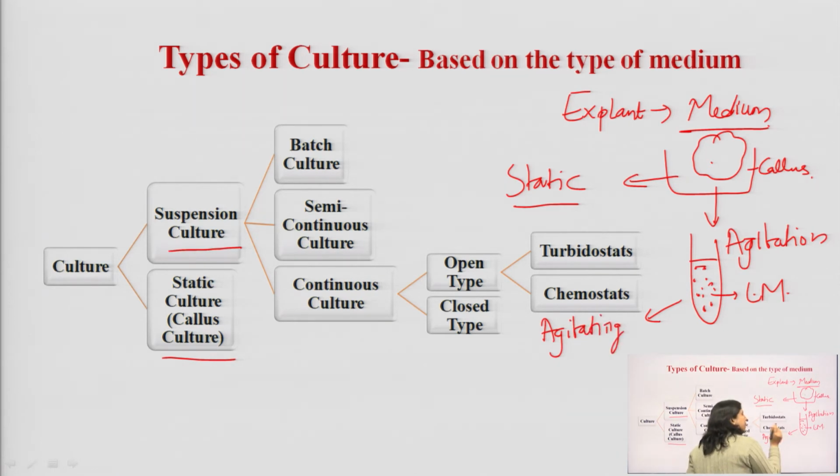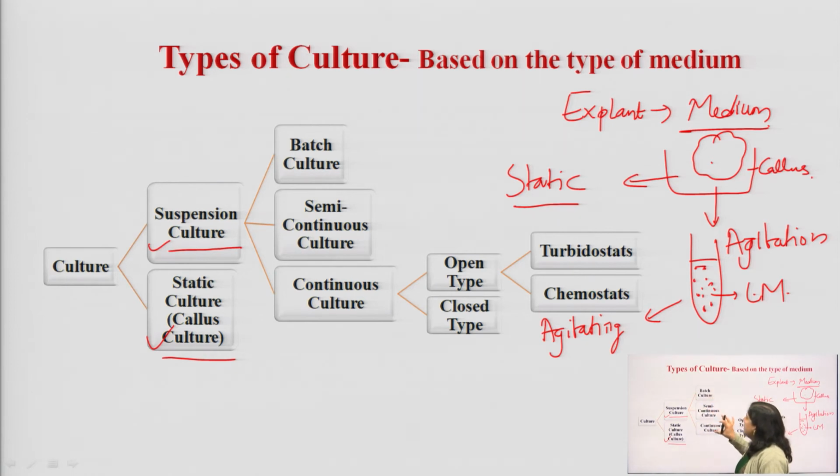So, it is one and the same thing, but the difference is that in suspension culture the medium is liquid in nature and it keeps on moving and shaking, while in callus culture, the static culture, the medium is solid and it does not move or agitate. So, the static one is known as callus culture, while the moving one is known as suspension culture. The content which is present inside is the same.